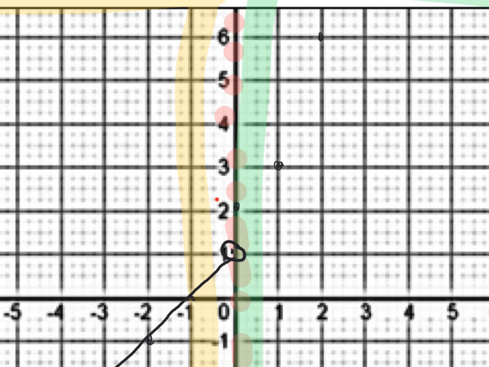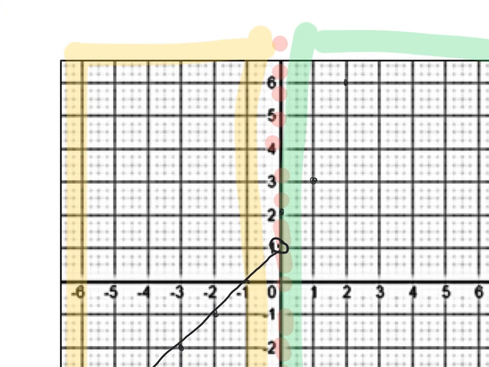I could do the same thing over on this side. But again, since it's a piecewise, I only care about the x values bigger than 0, so I'm going to ignore that section of the graph anyhow. All right, so now when we graph, that should be a little bit more curved, but you get the idea.